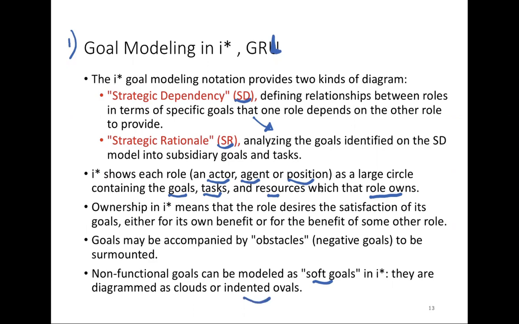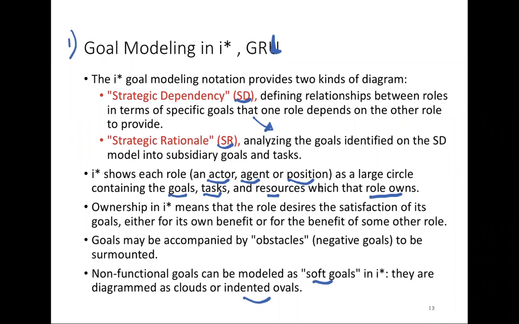So if you plan to use the I-star notation or the GRL notation, this is what you would expect. You would expect notations to generate relationships between actors or roles, and also a hierarchy that represents goals and tasks in an actor. Inside an actor, which is a big circle in the diagram, you will see goals, tasks, and resources.